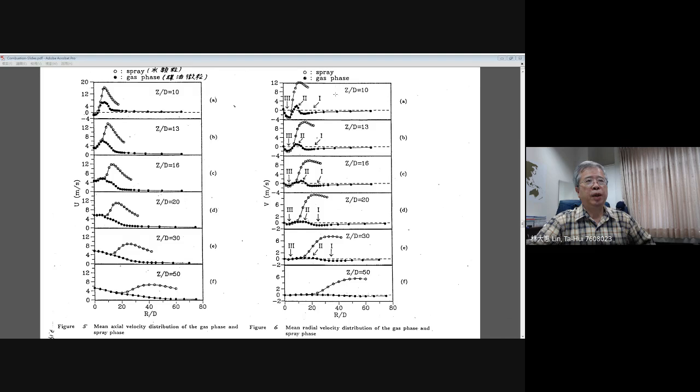Near the spray nozzle there is some entrainment. You can see this negative value represents the entrainment, but this entrainment is reduced in the downstream regions. The extension of the high velocity regions in the radial direction is very similar, and can be compared with the characteristics in the left figures.